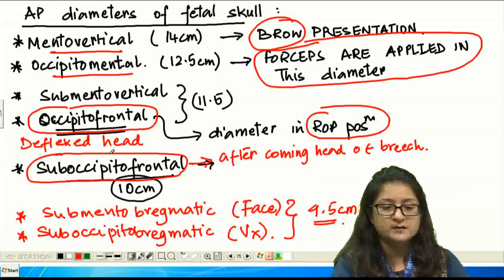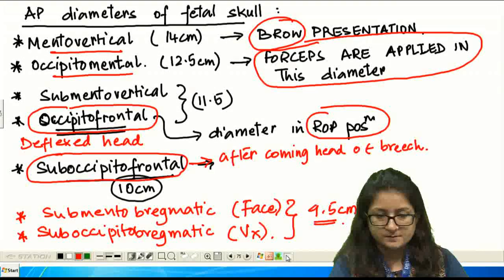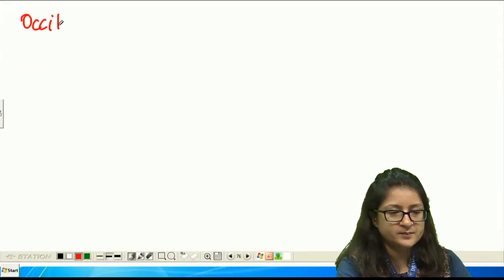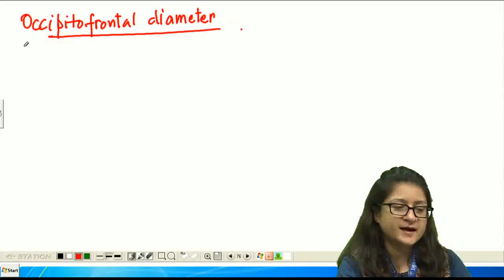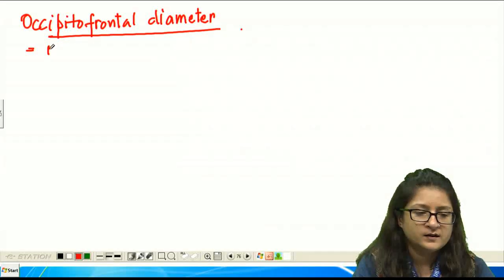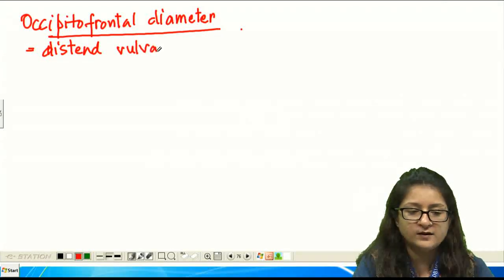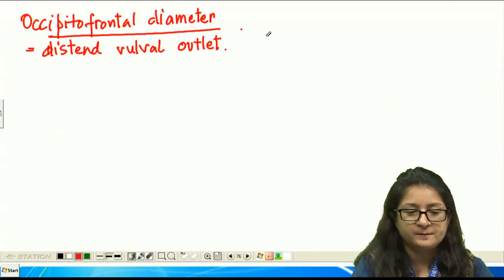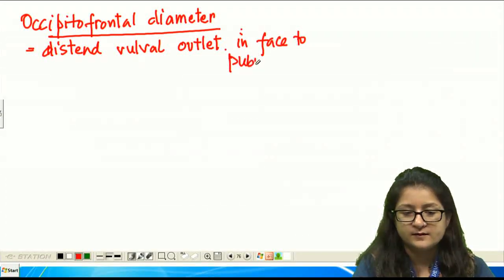Another important point about the occipitofrontal diameter is that it is seen to distend the vulval outlet in face to pubis delivery, right?